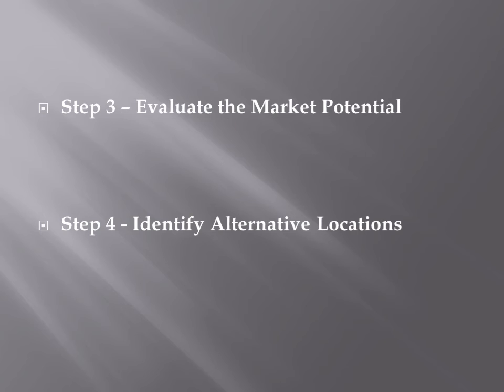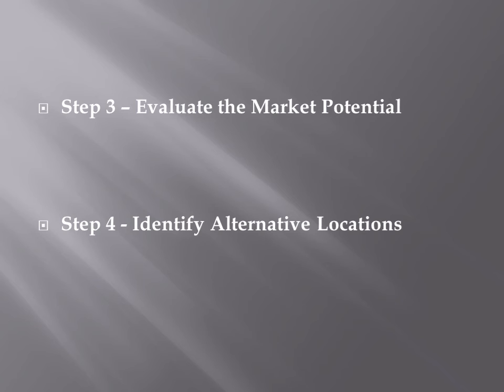So in the second step, where you are understanding the demographics, you study in general, but here you will study in specific. So you are coming from general to specific. The next step that we have here is identify the alternative location.